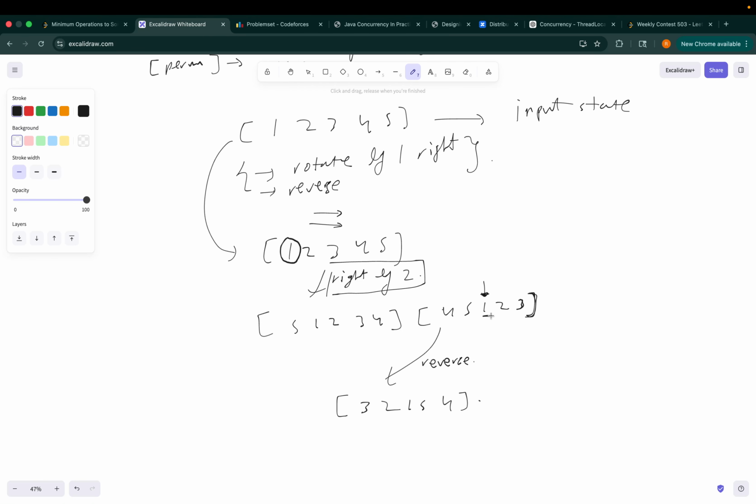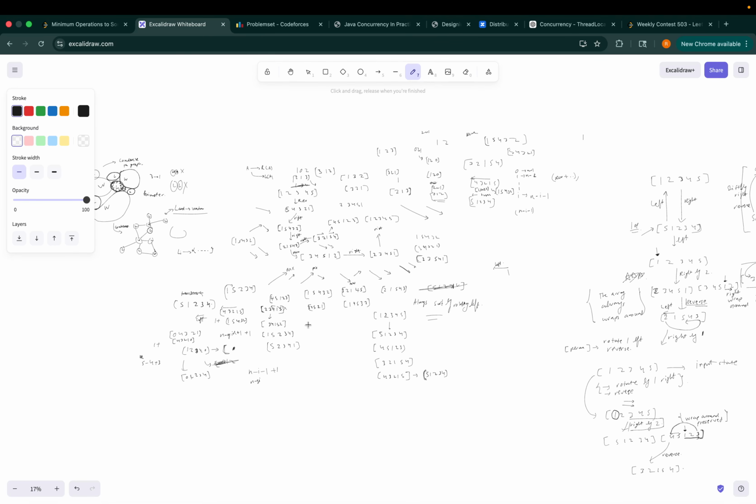So you are still able to sort this array in some way. You are able to go to 1 2 3, and then from 3 you're able to go to 4 and 5, right? So there is this wraparound behavior which is always preserved. And this observation you can only get after doing a lot of examples.